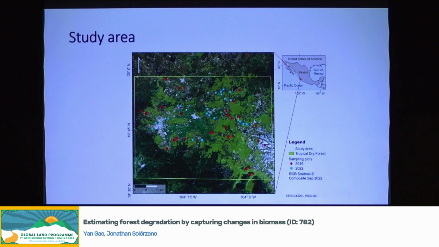So here is our study area. I want to call your attention to the distribution of field sampling plots. The red dots represent the 43 sampling plots in 2019, and the blue dots represent the distribution of sampling plots in 2022.